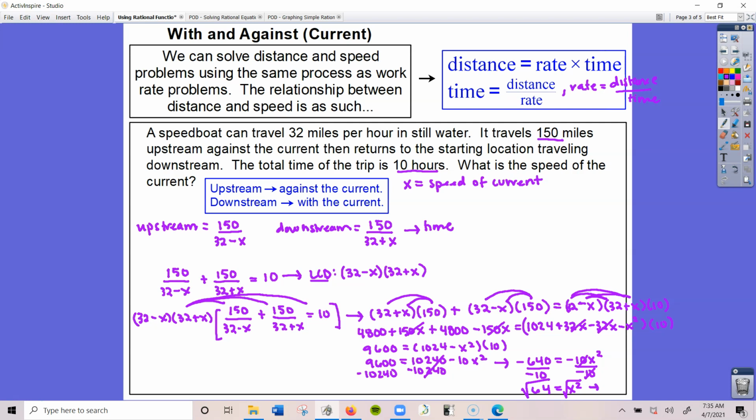So we get that x is equal to plus or minus 8. Now remember that we are looking for the speed of the current. Speed will be positive because we don't really say anything as having negative speed. So that means that our correct answer here would be positive 8. So the speed of the current is 8, and then we have to look at our units, which is miles per hour.